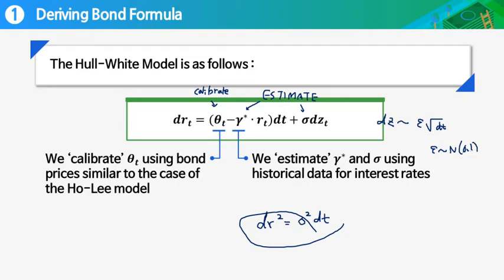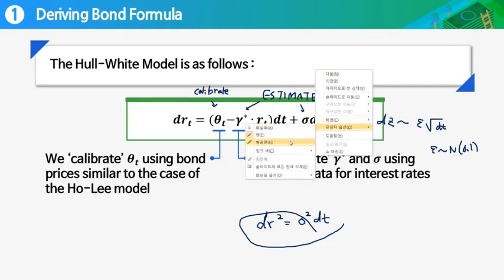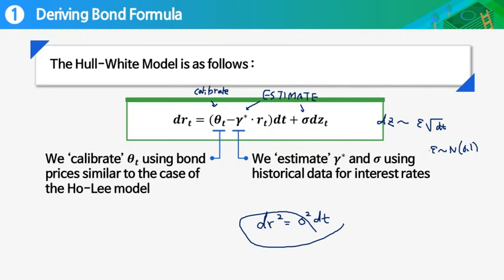So first, we generate a random number from this standard normal distribution. So what we do is first we simulate the standard normal distribution. From it, we draw a random number, then we multiply by root dt, and then it generates dz.